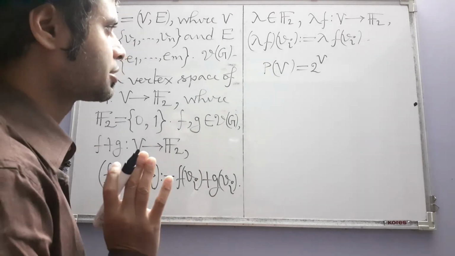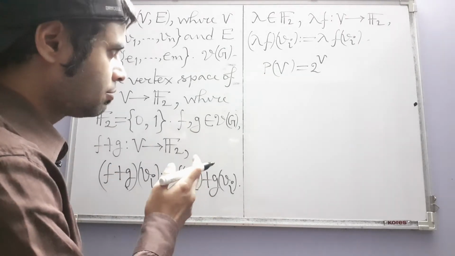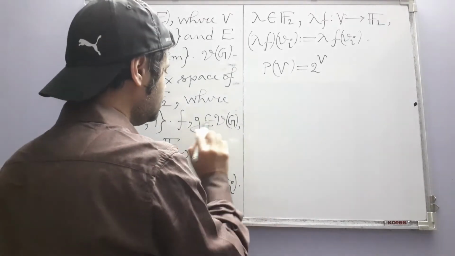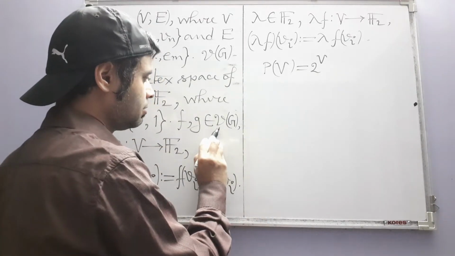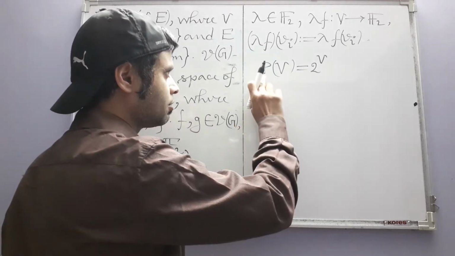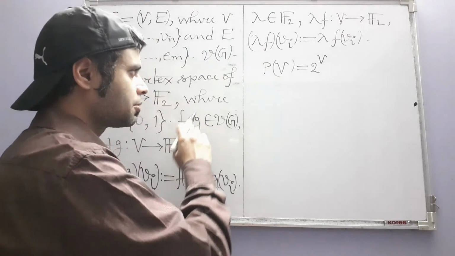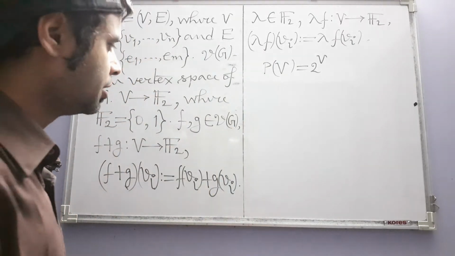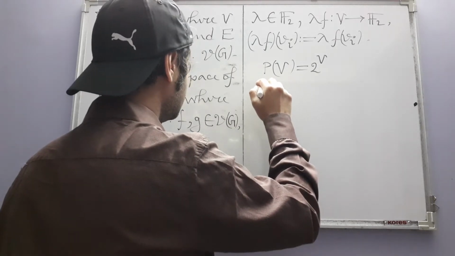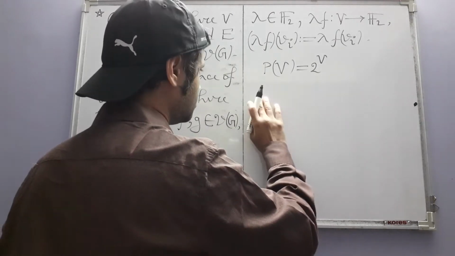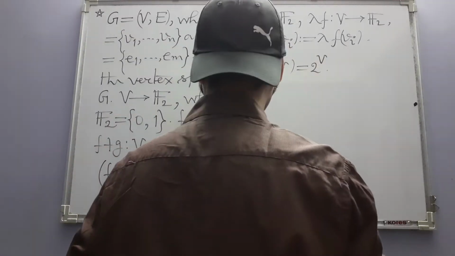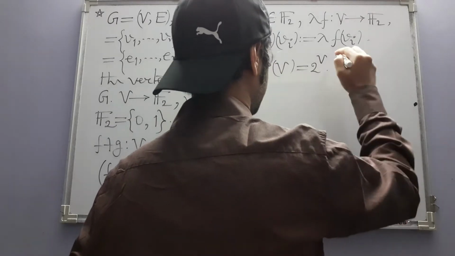It means the power set of V. And how that correspondence is set up is this. Each function in nu of G corresponds to a subset of V. What subset? To put it more clearly, this specific subset.